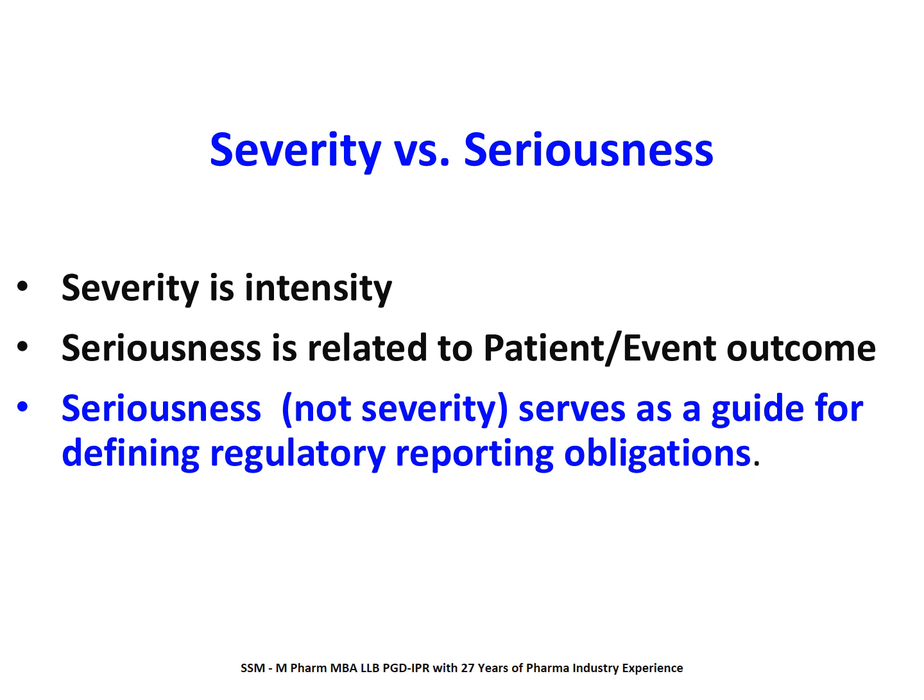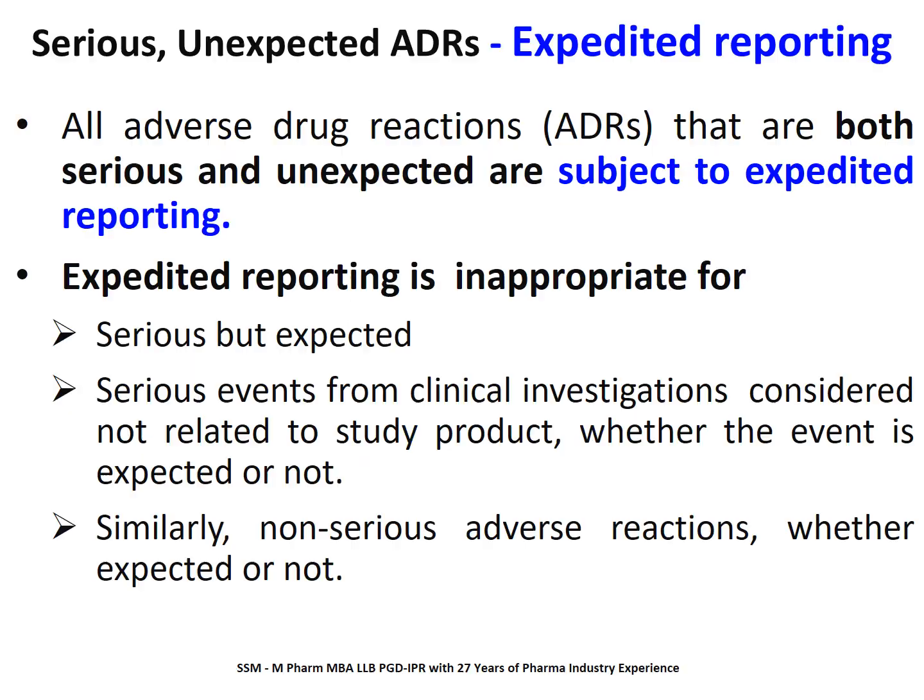Any serious unexpected adverse drug reaction is to be reported on an expedited basis to regulatory authorities. So all adverse drug reactions that are both serious and unexpected are subject to expedited reporting.